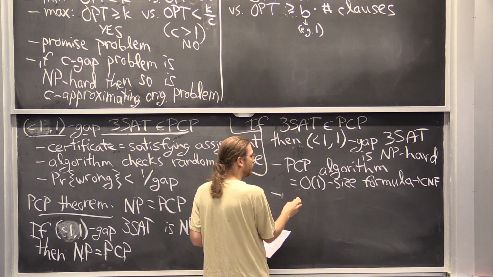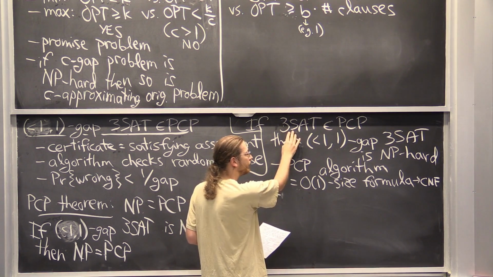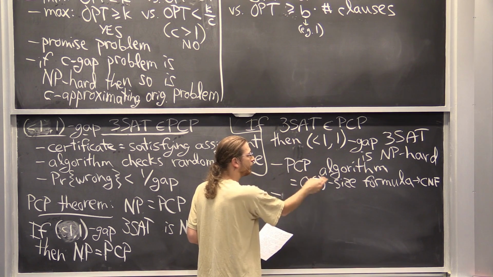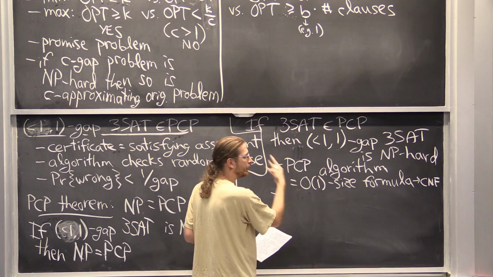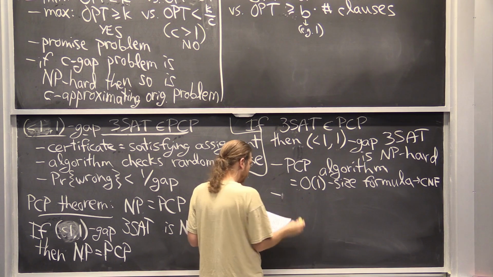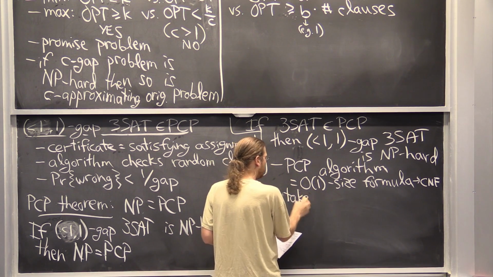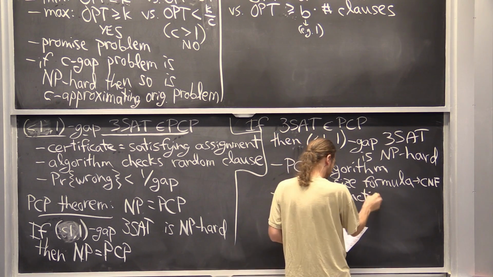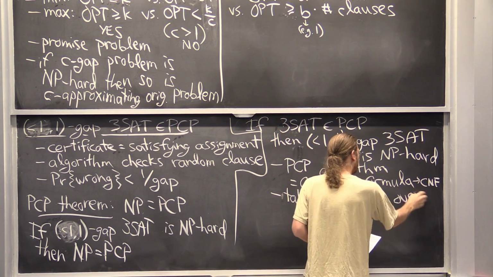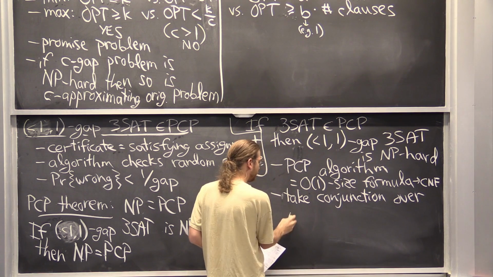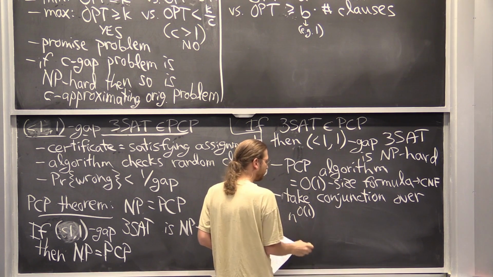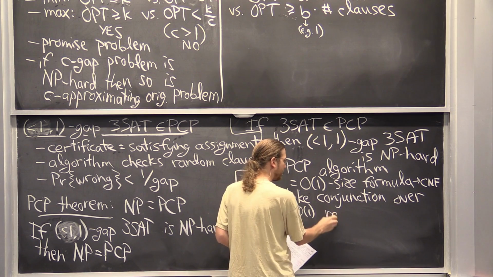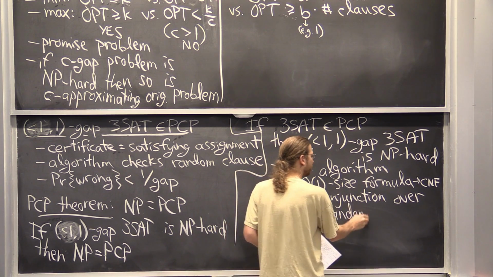I'm given the 3-SAT formula, and the algorithm evaluates some formula on it and the certificate. What I'm going to do is try all of the random choices. Because there's only log n bits, there's only polynomially many possible choices for those bits.